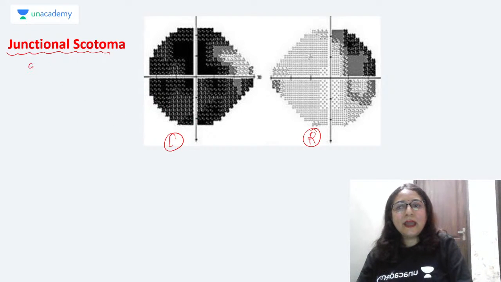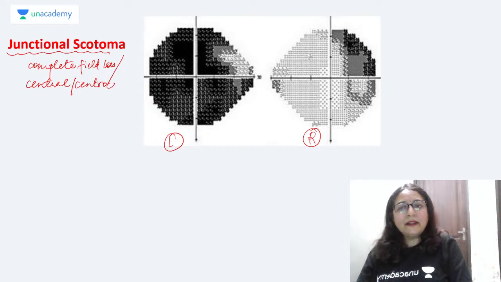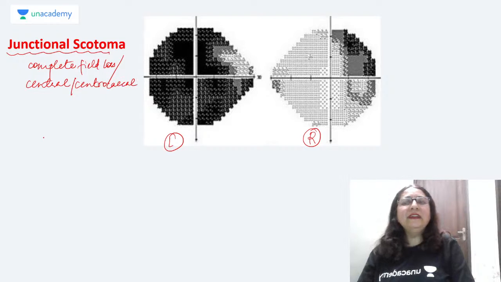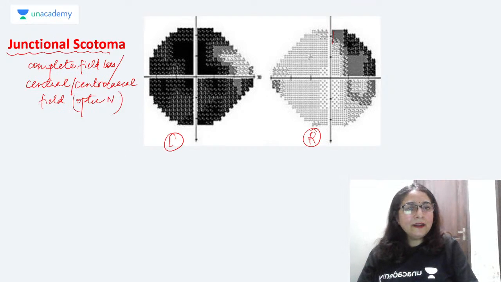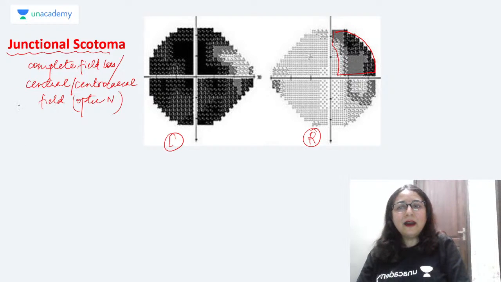There can be complete field loss, or a central or centrocecal field defect, that is optic nerve involvement in one eye, and a superotemporal quadrantic defect in the other eye.